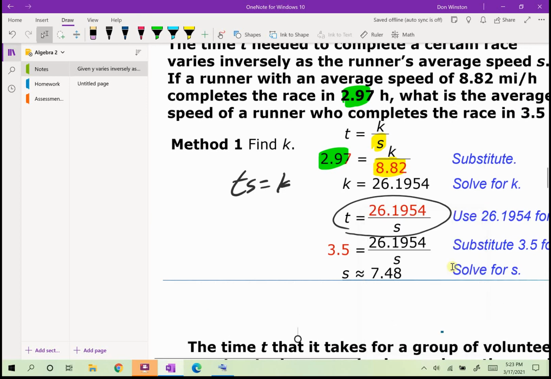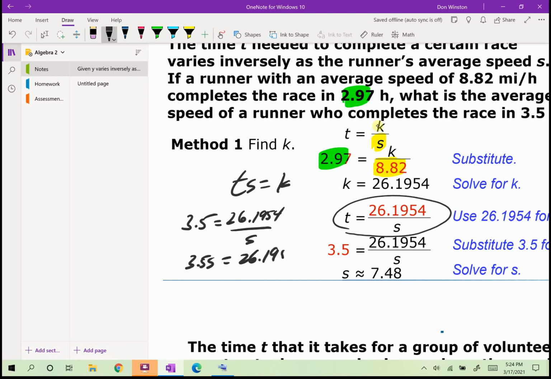And then the second part of this, what is the average speed? So we're looking for S for a runner who completes the race in 3.5 hours. So we have 3.5 equals 26.1954 over S. We don't know S. That's what we're looking for. So if I multiply both sides by S, I'll get 3.5S equals 26.1954, and then I can divide both sides by 3.5.